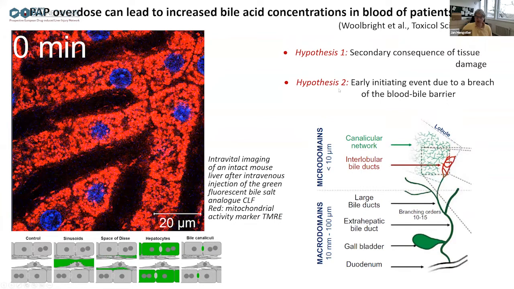There was also a hypothesis that their increase is an early initiating event due to a breach of the bile-blood barrier. This was initially an outsider hypothesis, but this is for what we found evidence that it is correct.